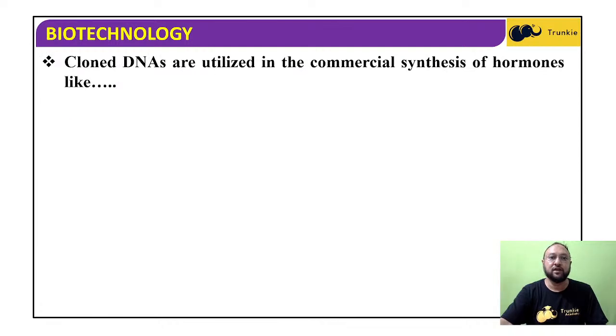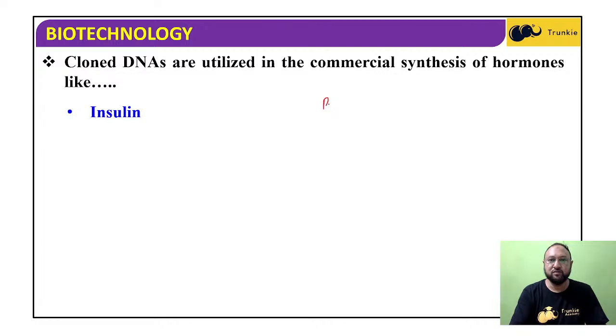Okay, cloned DNA is utilized in the commercial synthesis of hormones like insulin. And you know a very common disorder, diabetes mellitus, where human beings are not able to synthesize the insulin hormone sufficiently, due to which the blood sugar level rises.